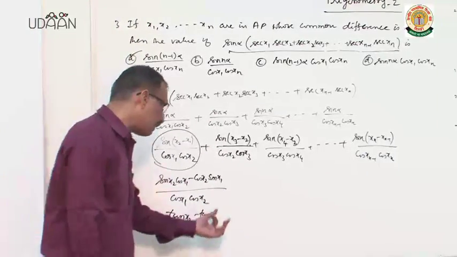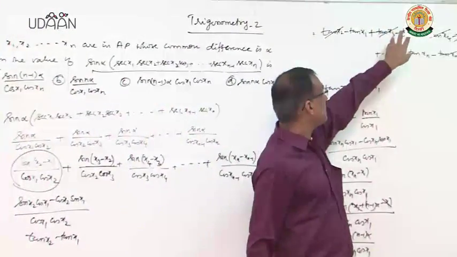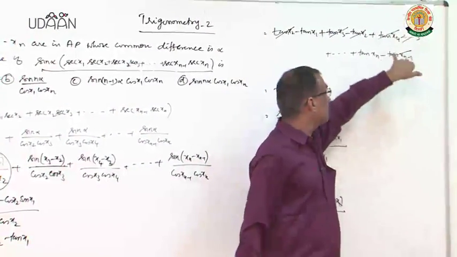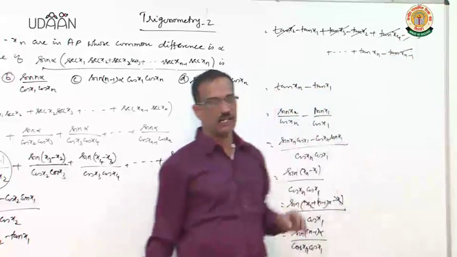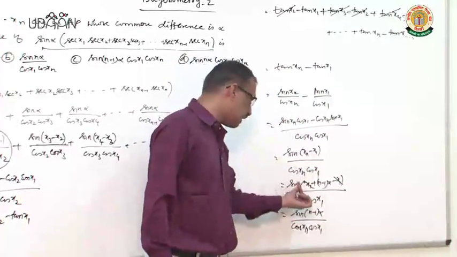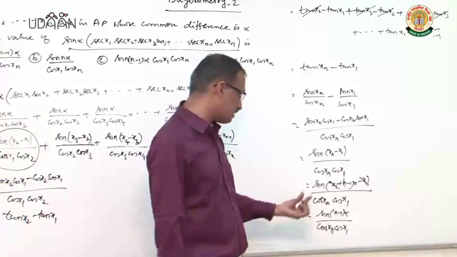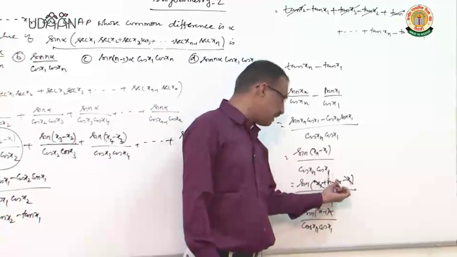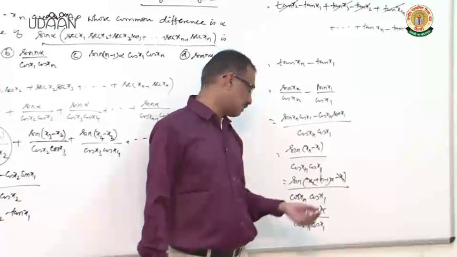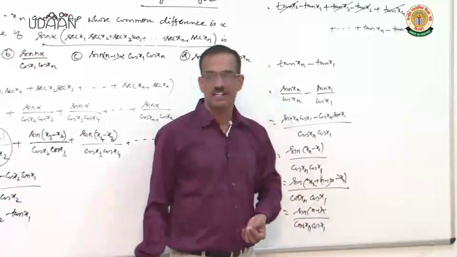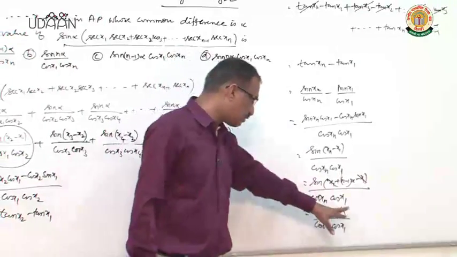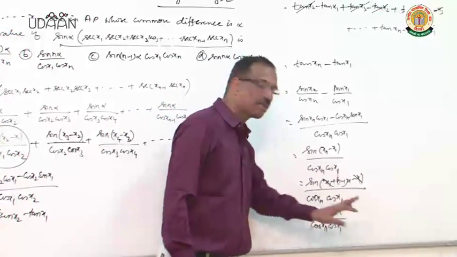So, tan x2 minus tan x1 plus tan x3 minus tan x2 etc. tan xn minus tan x(n minus 1). From the simplification, we had this one. And you know the nth term of an AP is the first term plus (n minus 1) into the common difference. From there, you get the result as sin of (n minus 1) alpha upon cos xn cos x1.